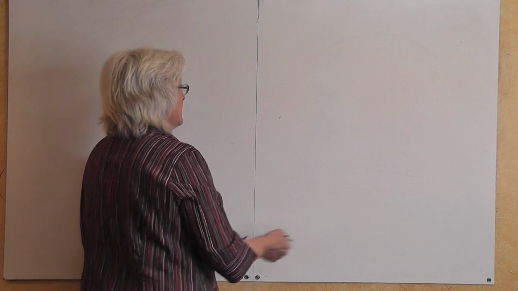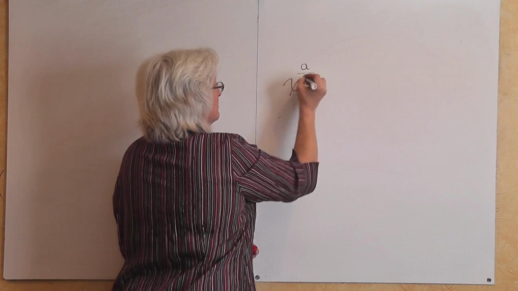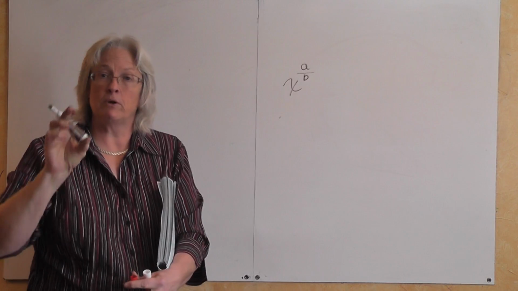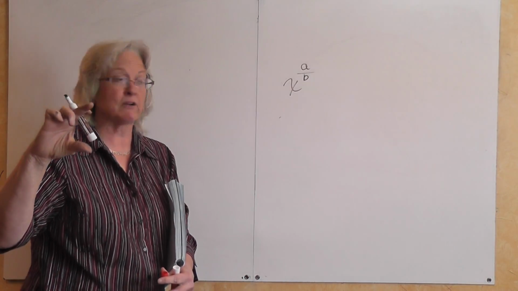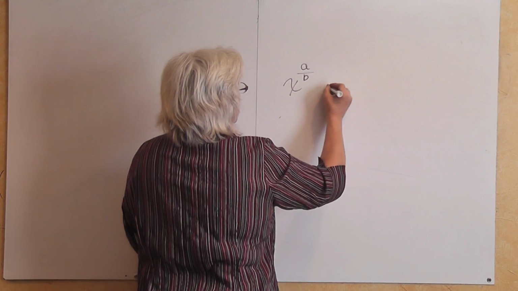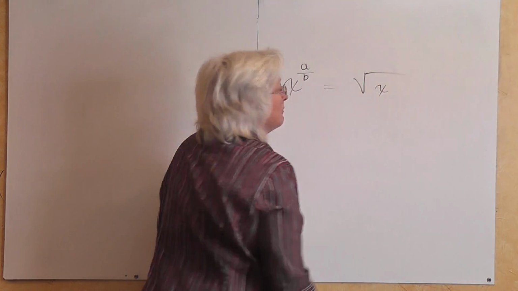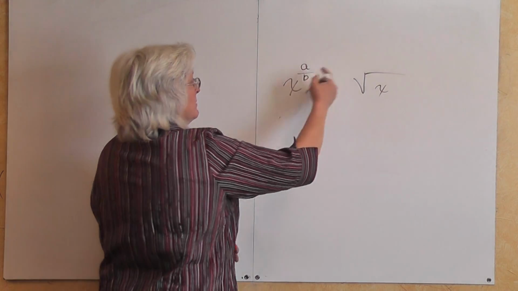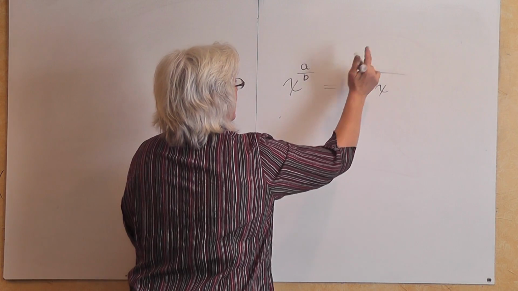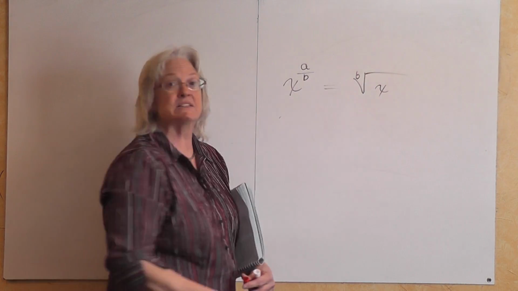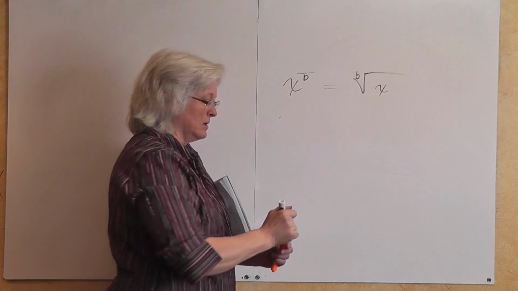This tells us that if we have a base with a fractional exponent, where we put the exponent in rational form so it looks like a fraction, x to the a over b, that can also be indicated using a radical symbol. The denominator is the index. The numerator is the power.